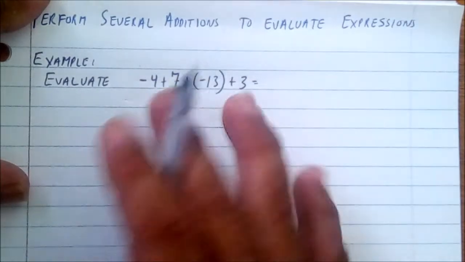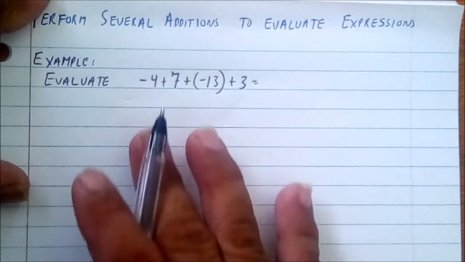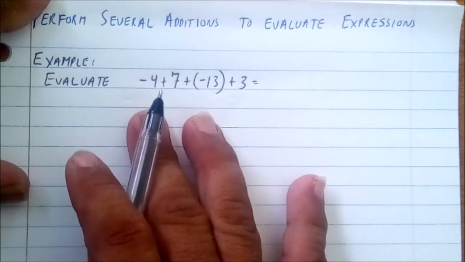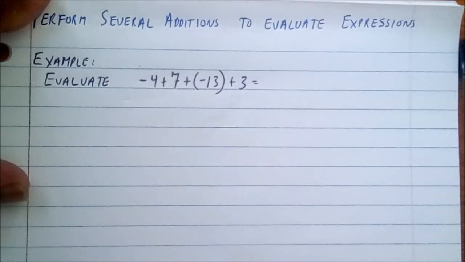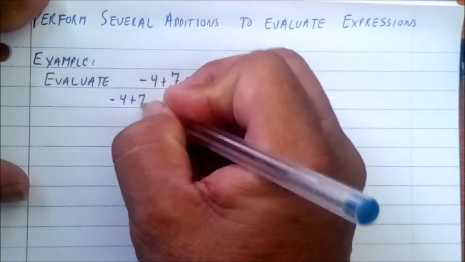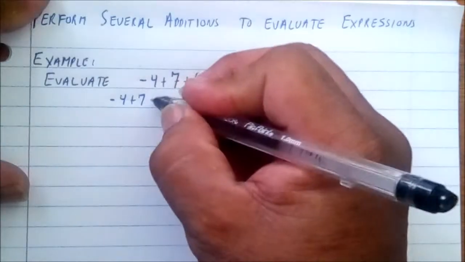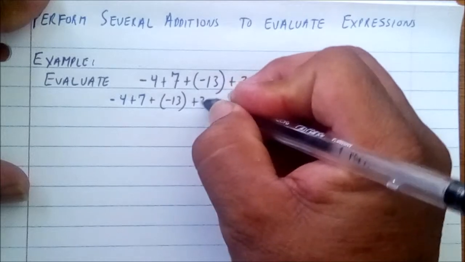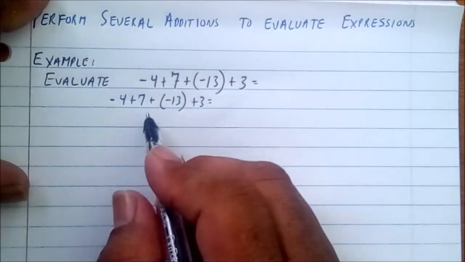So let's start. I'm going to change the colors to show the ones that I'm working at that time. The first ones I'm going to be working with is negative 4 plus 7. Not to say we cannot work everything at once, but let's start piece by piece.